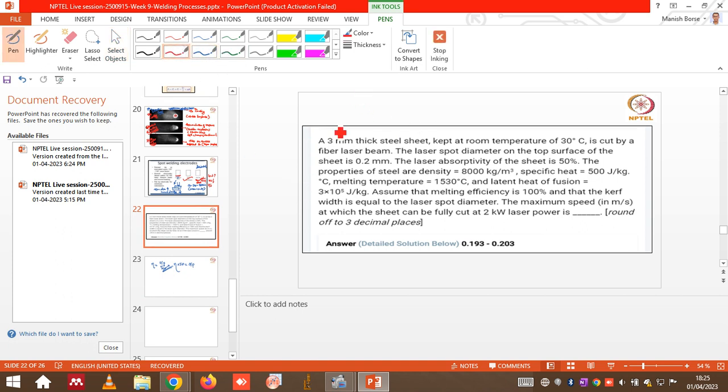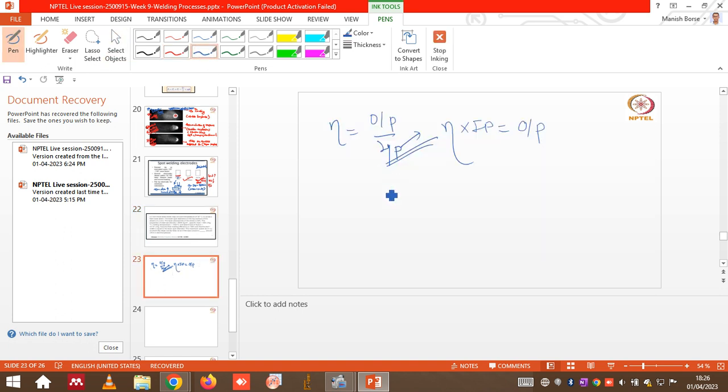So they have a 3 mm thick steel sheet kept at room temperature of 30 degrees Celsius, and it is cut by a fiber laser beam, and the laser spot diameter on the top surface of the sheet is 0.2 mm. So thickness of the plate is 3 mm.